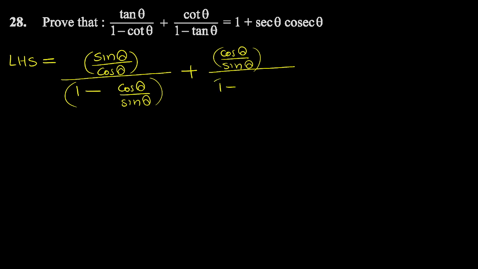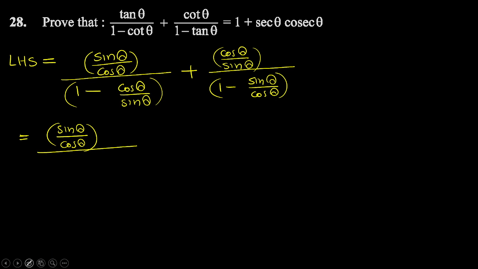Denominator 1 minus tan theta is there. Tan theta is sin theta by cos theta. Amira, are you clear? Amira, understood? Yes, sir. The next step, sin theta by cos theta all divided by, and here in the denominator side you can do the cross multiplication, simplify.